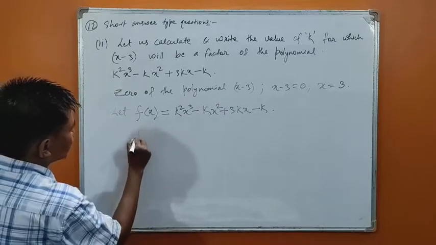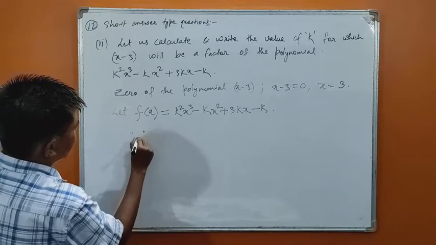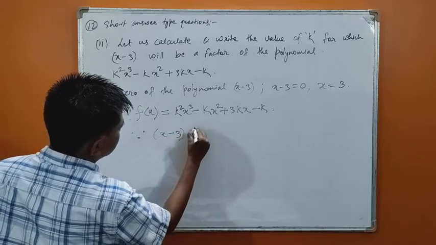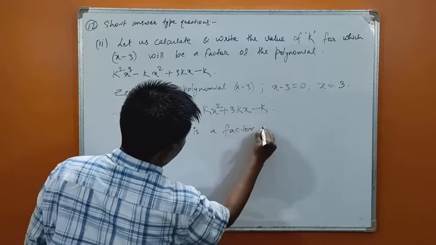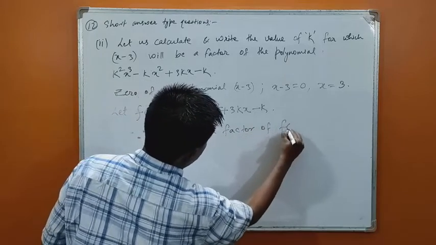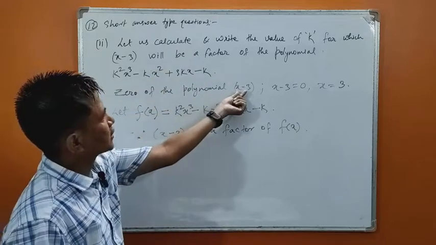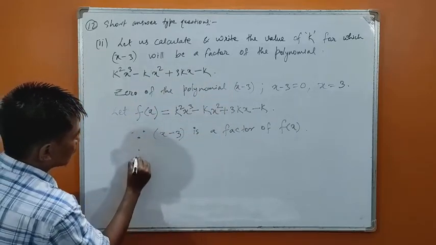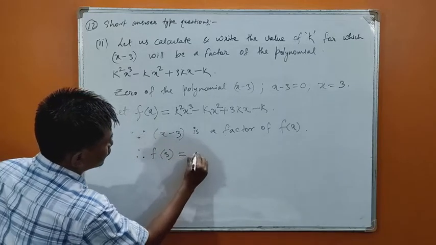So f(3), since x minus 3 is a factor of f(x), that means therefore we can say f(3), that is the remainder, will be equal to 0.